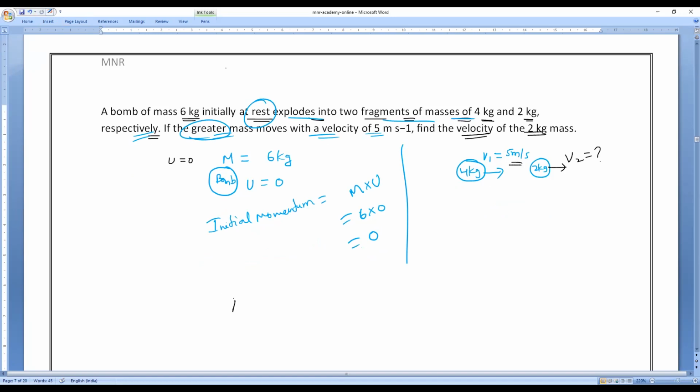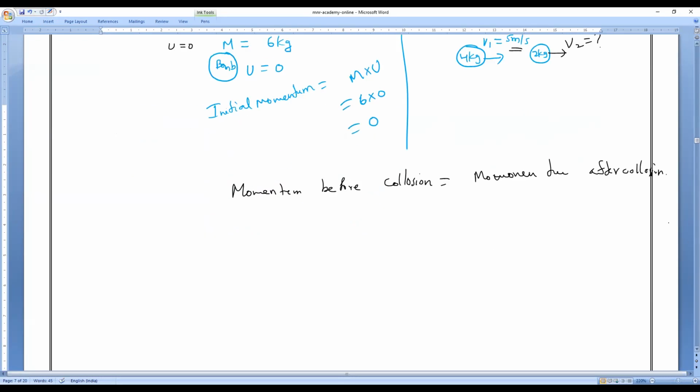So what is the formula? Momentum before collision is equal to momentum after collision. Momentum before collision is capital M into U. Why can't I take M1 U1 plus M2 U2?